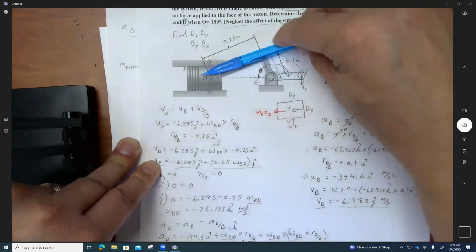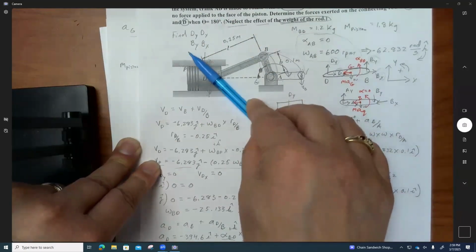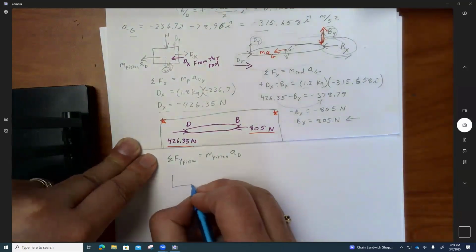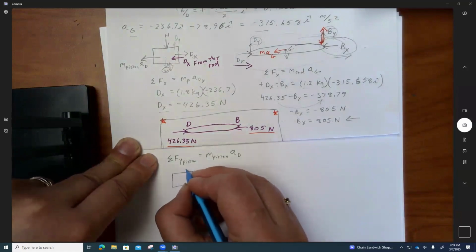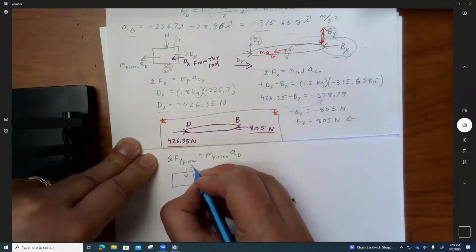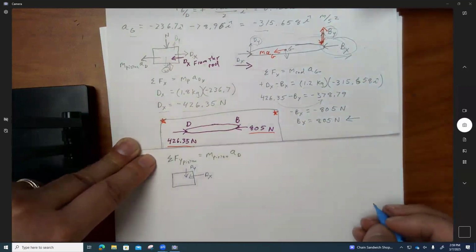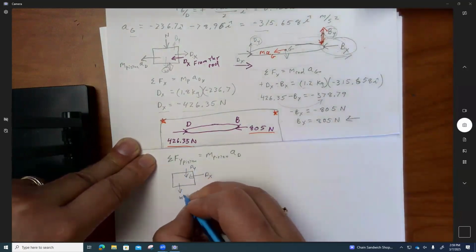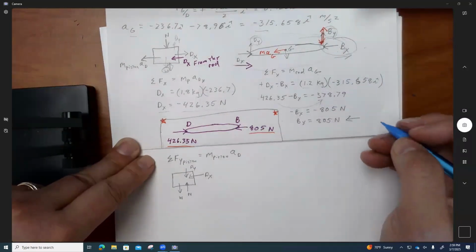The rod is never going to be lifting up the piston. So our Dy component in the actual free body diagram of the piston is going to be a Dy going down and a Dx going to the right from the rod pushing. We're going to have a weight, we're going to have a normal force, and we do not have any acceleration component.